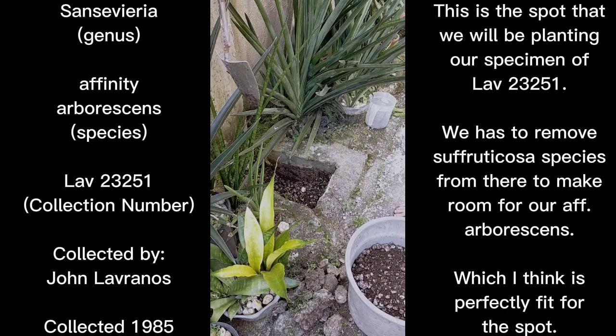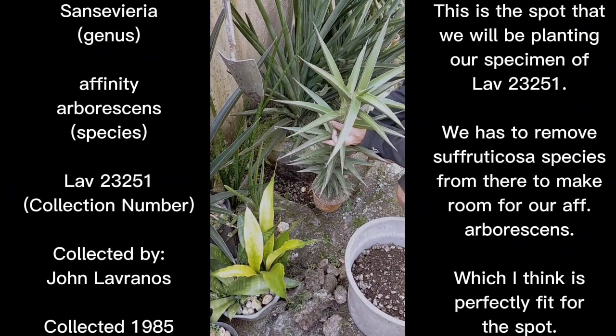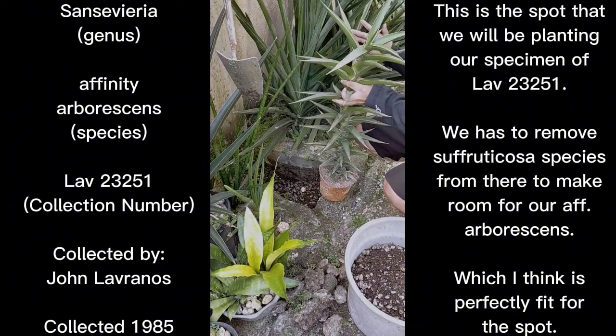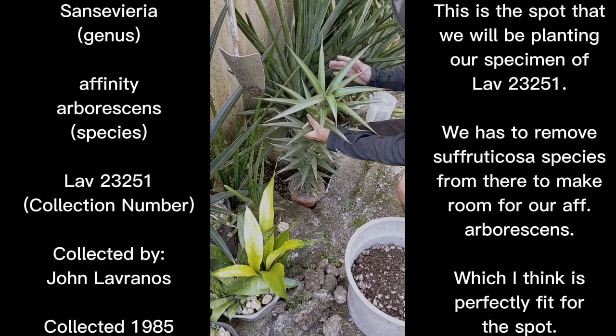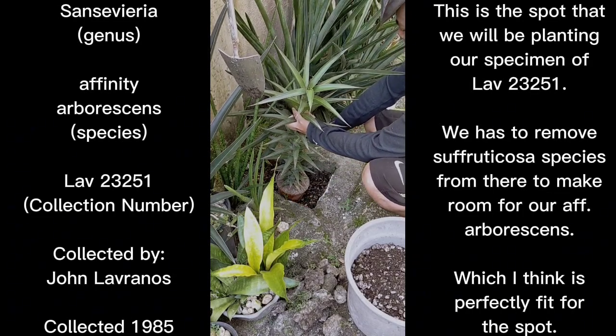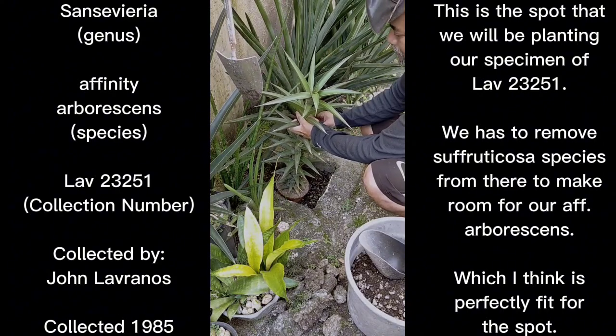It started to deviate from the upright form, but we are planning to have it tied up if necessary on the new spot where we have planted it. Right now I'm trying to position it so that it can stay upright on its own despite the deviation of shape, because if you leave it be, especially with the small pot that it was in, it will really fall off with the slightest touch.